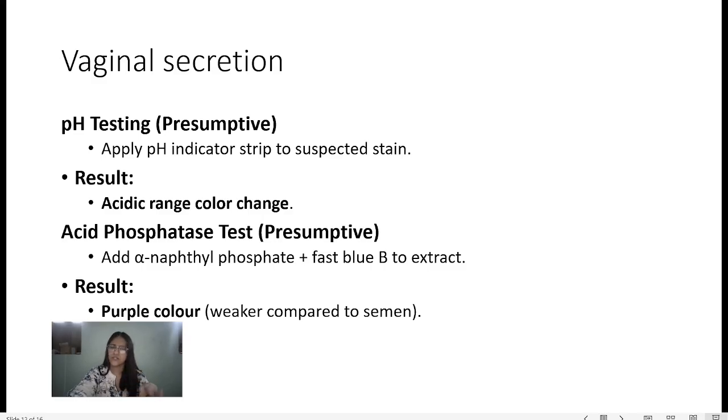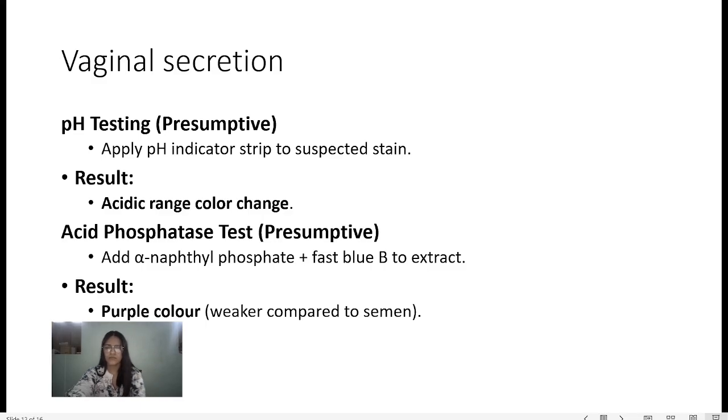The procedure of this test is similar to what we have seen in the semen sample. We just add alpha naphthyl phosphate and then Fast Blue B to the extract of vaginal secretion, and then we can see a purple color. The purple color might be weaker compared to semen. The significance of this test is that it can give a false positive due to overlap with semen and other fluids.